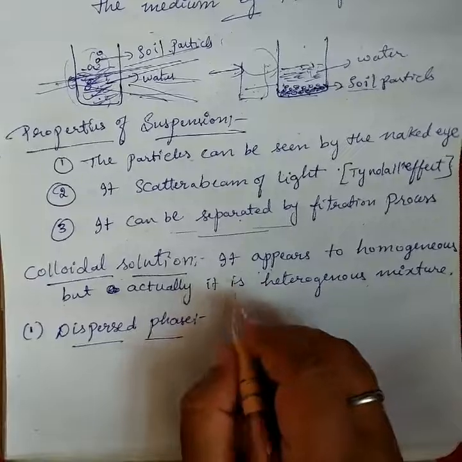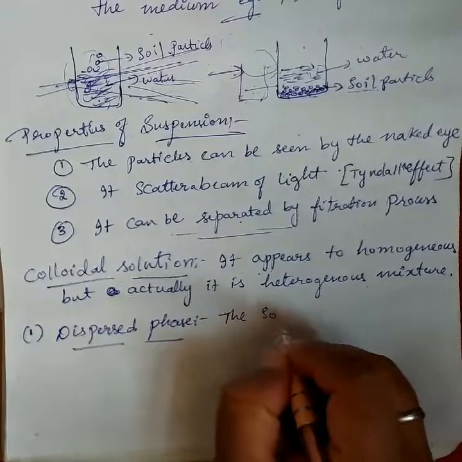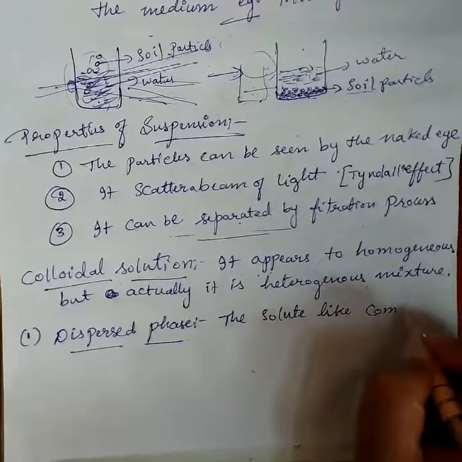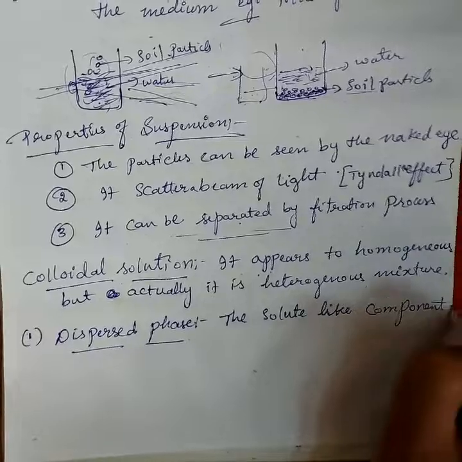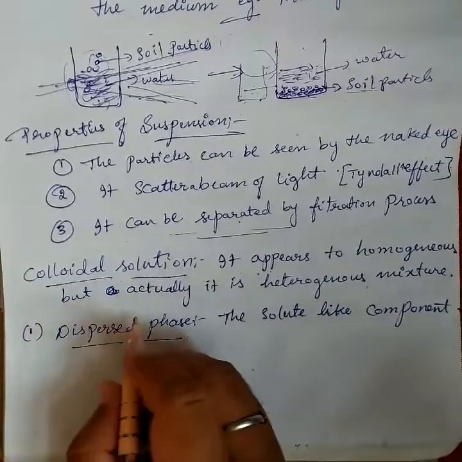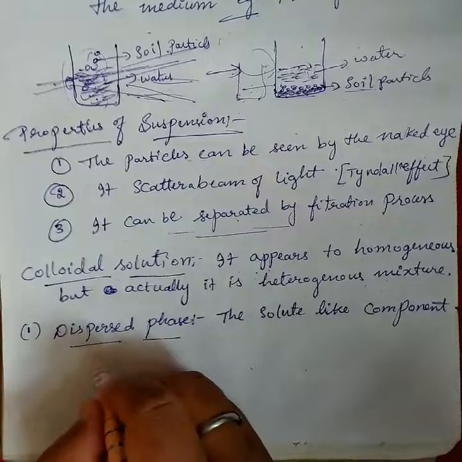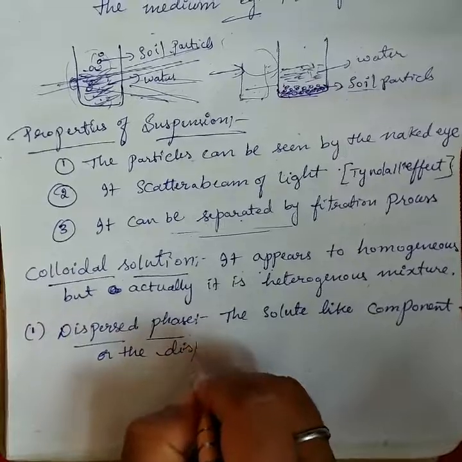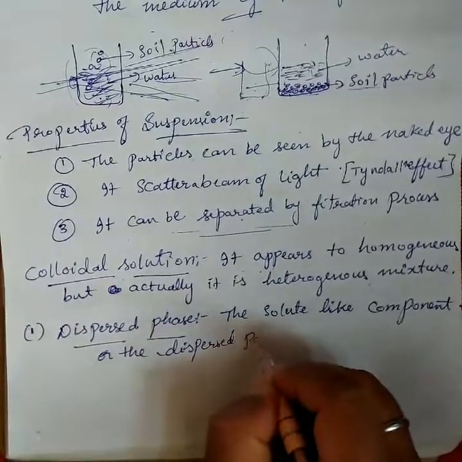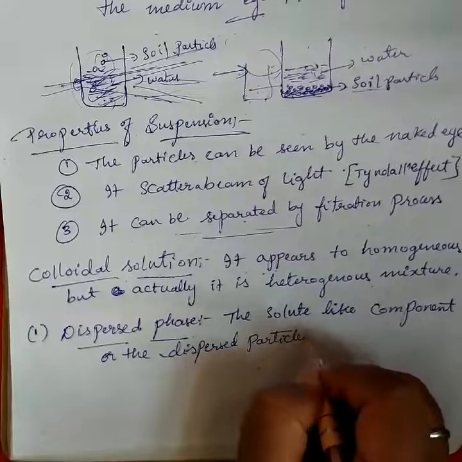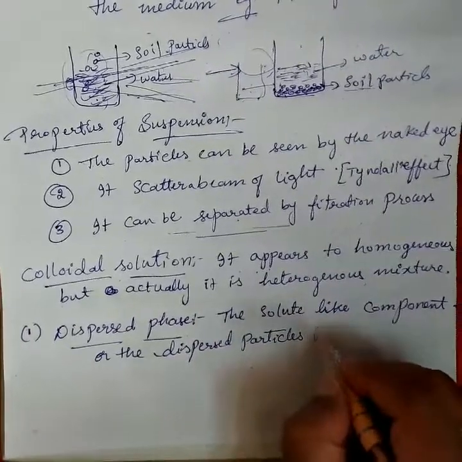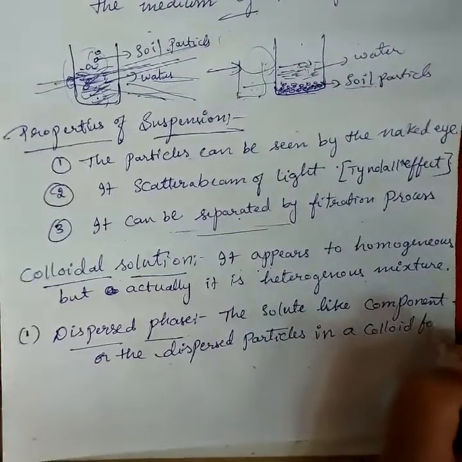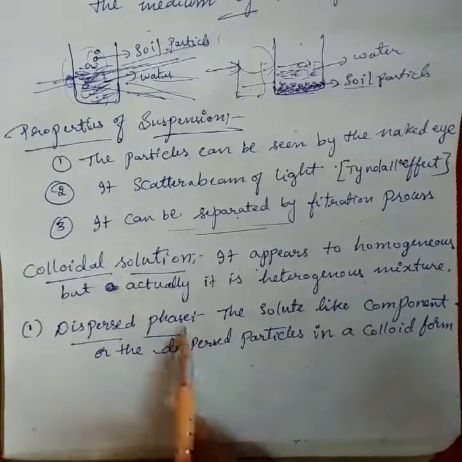The solute-like component, or the dispersed particles in a colloidal form, is called the dispersed phase.